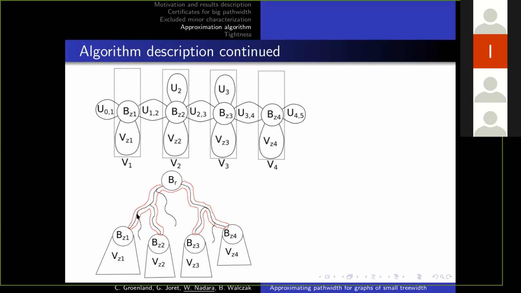We take the sequence of bags from this root bag to BZ1, then take BZ1, then take a look at the sequence of bags from BZ1 to BZ2, and from BZ2 to BZ3, and BZ4, and coming back to the root bag. This is some sequence of bags.